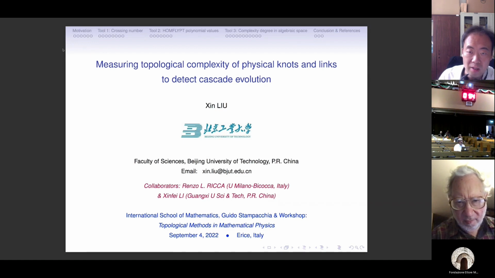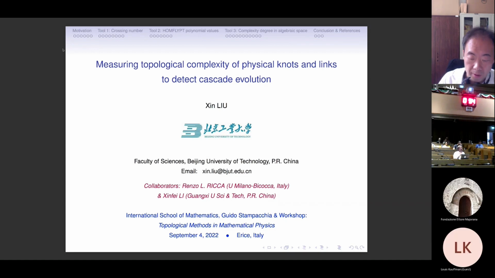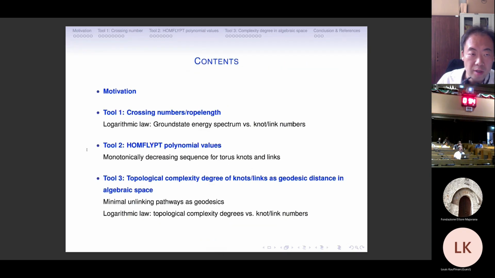So today I'd like to give a review talk about some progress in this area. This talk is partially based on my collaboration work with Renzo and my friend Xin Li. The talk is divided into 4 parts.